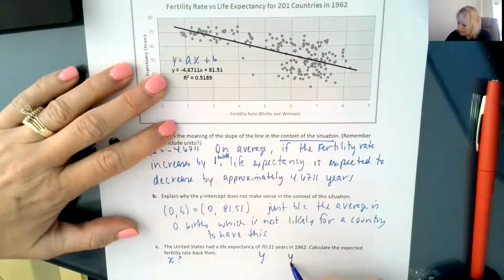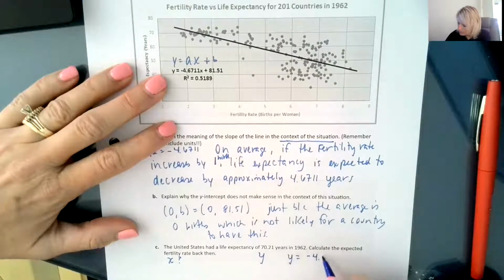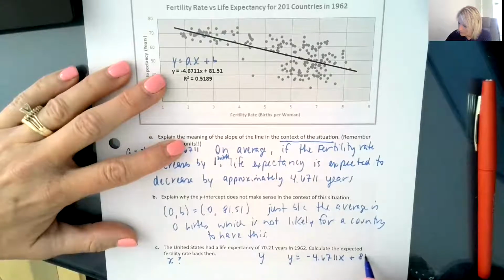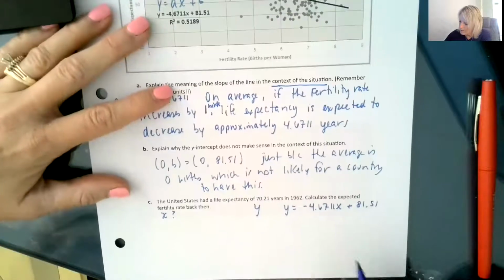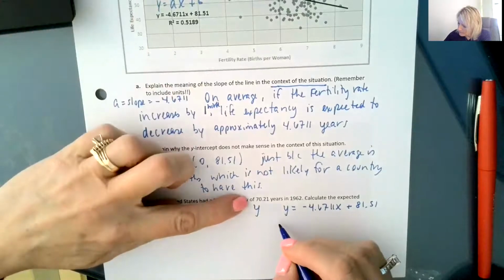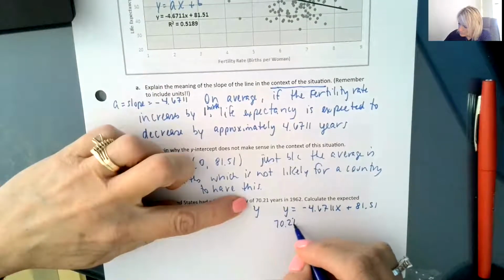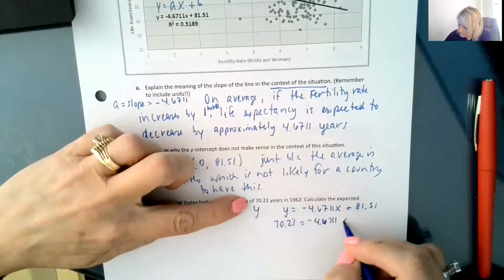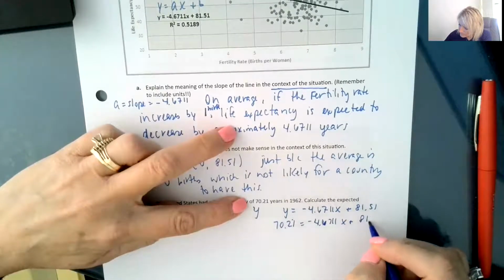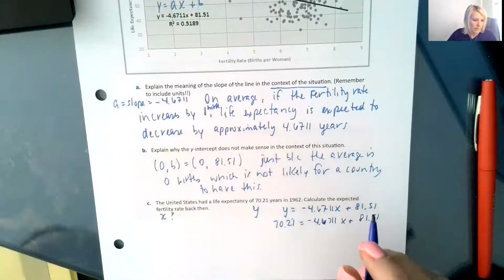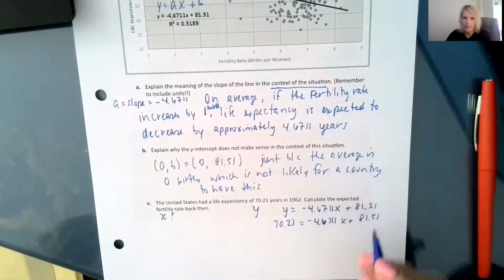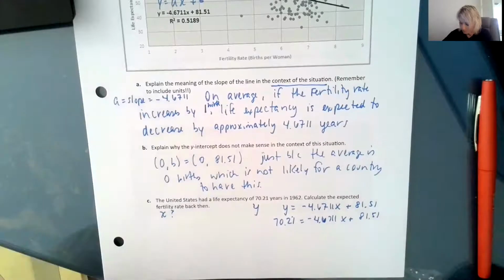So y equals negative 4.6711x plus 81.51. We know y is 70.21, and we need to solve for x.